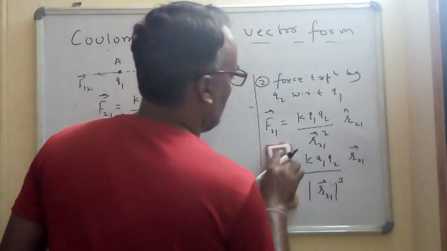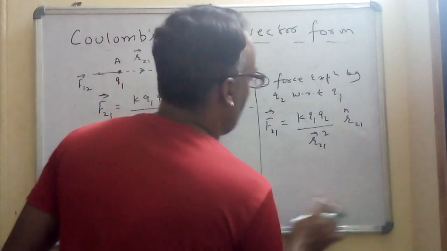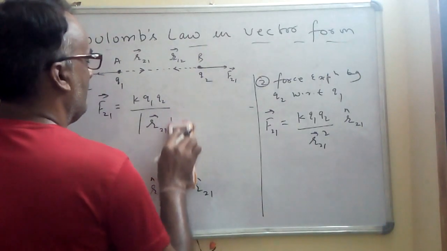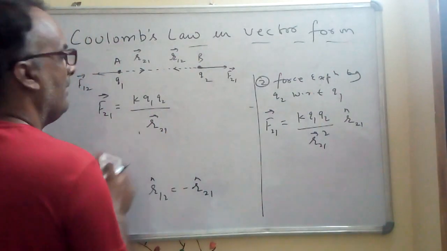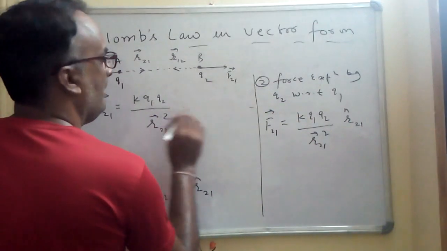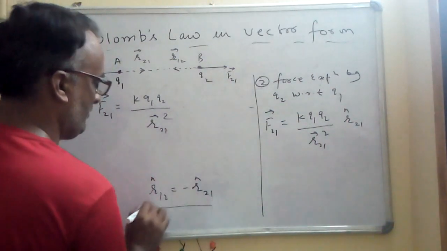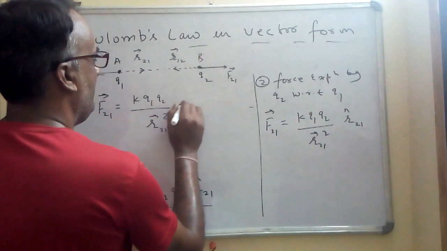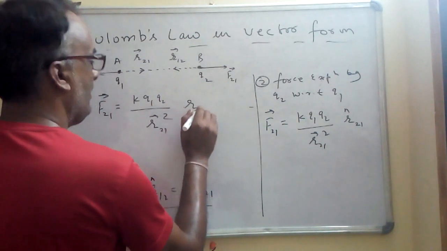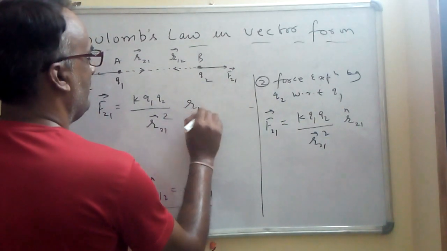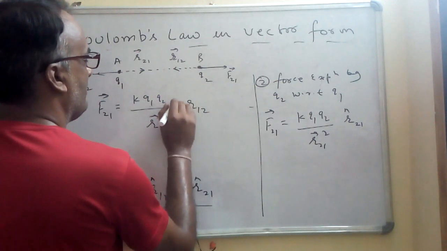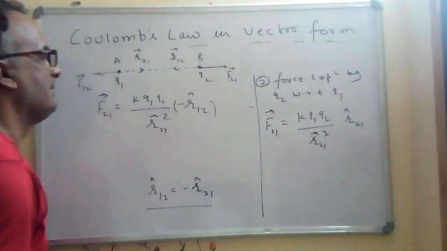This step there is no need to write. We can also write from here, R21 square, and this can be written by using this one. We will use here R12. You can also write like this, but it is a minus R12. Okay, it is like this.